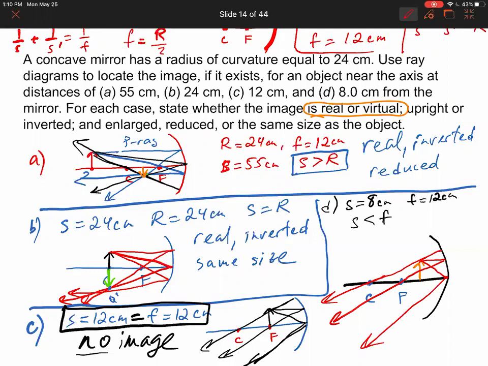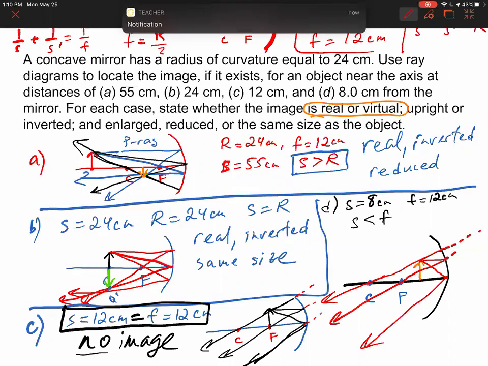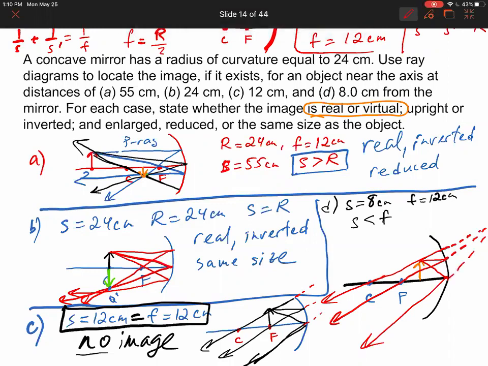Well, not quite, because in part C, in front of the mirror, the rays never intersect because they're parallel. If I trace them back behind the mirror, they're also parallel. For this one, if I trace them back behind the mirror, they actually intersect.